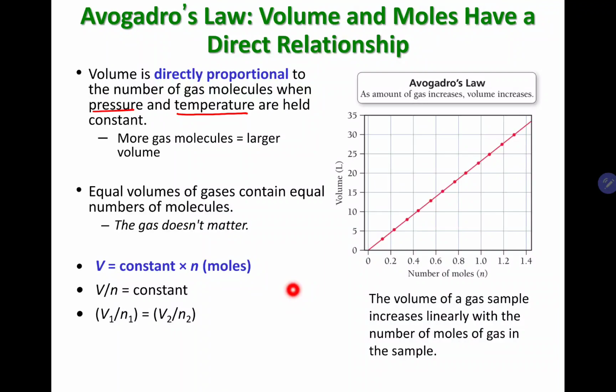For you to apply Avogadro's law to a gas sample, you have to have pressure and temperature constant. So the only other two parameters remaining are volume and the amount. Those are the two parameters that we are interested in when talking about Avogadro's law.